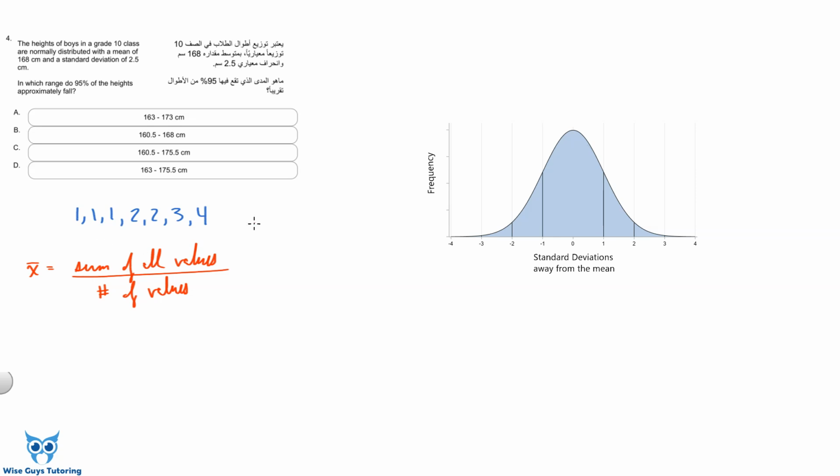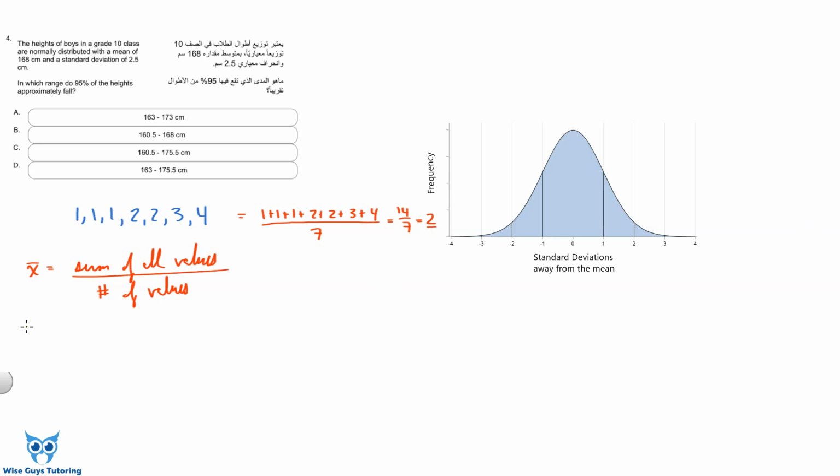So here, the sum would be 1 plus 1 plus 1 plus 2 plus 2 plus 3 plus 4. And how many values are there? Well, there's 1, 2, 3, 4, 5, 6, 7. So I divide by 7. If you add these up, you get 14 over 7. And that means the mean is 2. Okay? That's what the mean is.